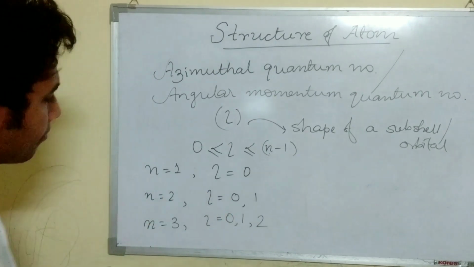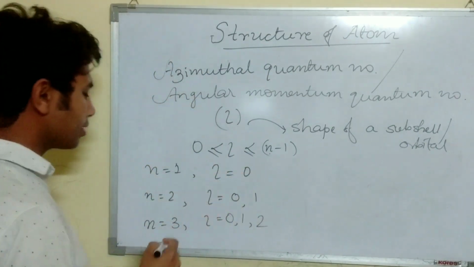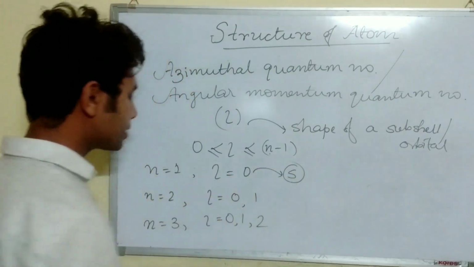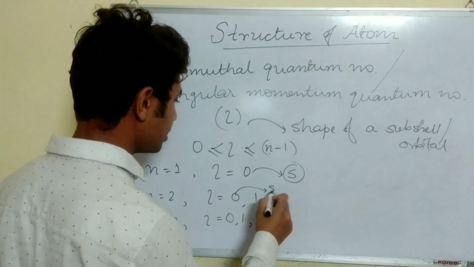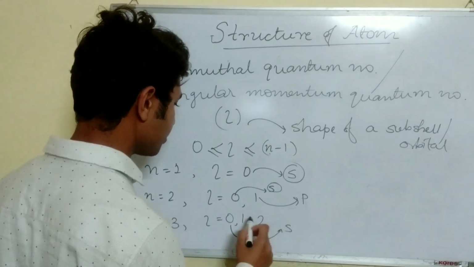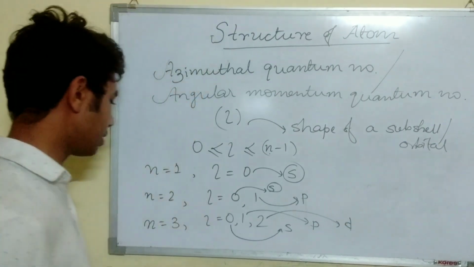So when the value of l is equal to 0, it will represent the s subshell, 1 will represent the p subshell, and 2 the d subshell.